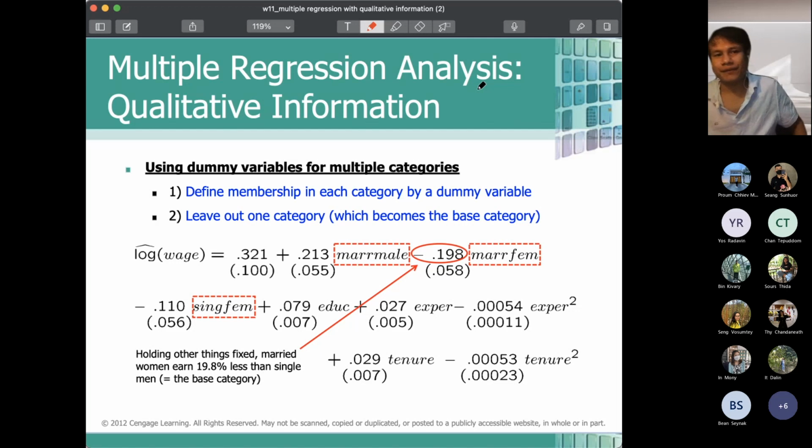Then let's have a look at what to do if you have a variable with multiple categories. Earlier we only discussed a variable with two categories, which we can convert or transform into a dummy, 1 versus 0. Now you have a variable with multiple categories. What should we do? For example, education.